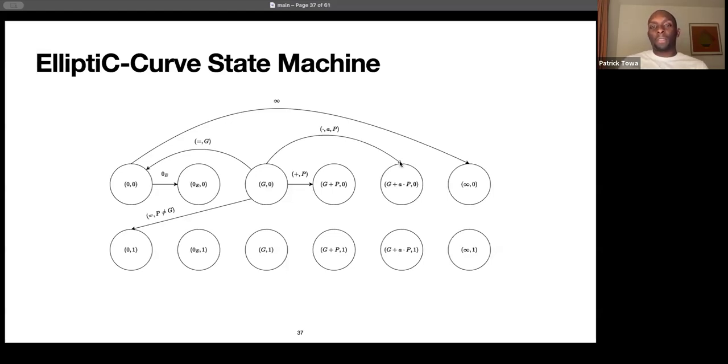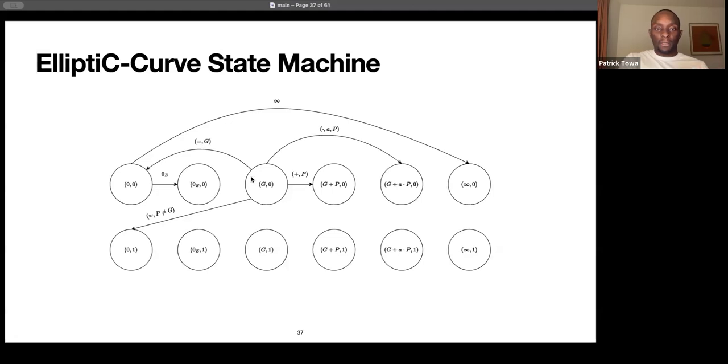And you can imagine that if you do this operation, add a p, many times, it's the same thing as just saying I'm doing a multi-scalar multiplication. And then at some point, you want to check if your computation so far is correct. So you're going to say, where I am, is it equal to this claim output?